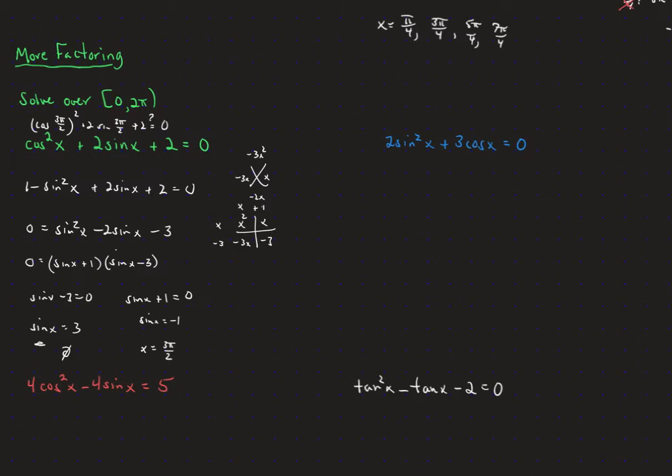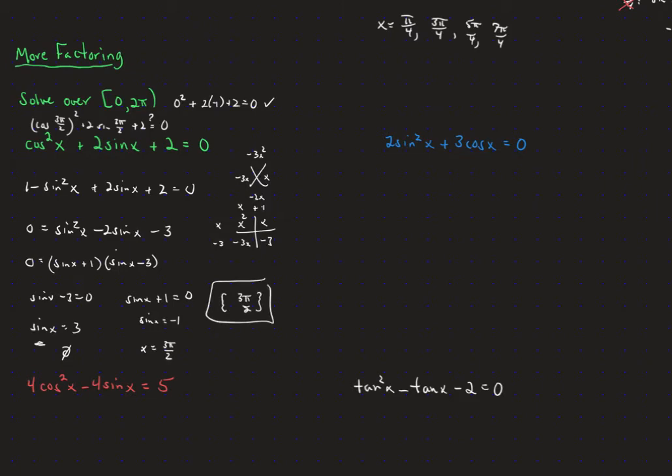Well, the cosine of 3 pi over 2 is 0, so that's 0 squared, plus the sine of 3 pi over 2 is negative 1, so that's 2 times negative 1 plus 2, which is 0. I think we can convince ourselves that that works. So we do actually get one solution, 3 pi over 2, for that equation.